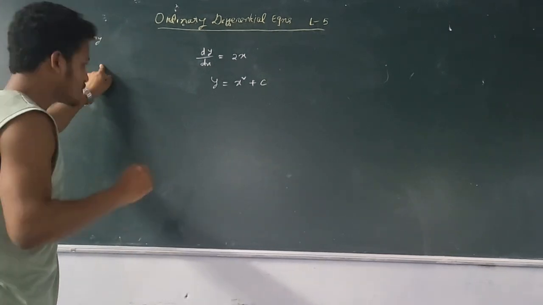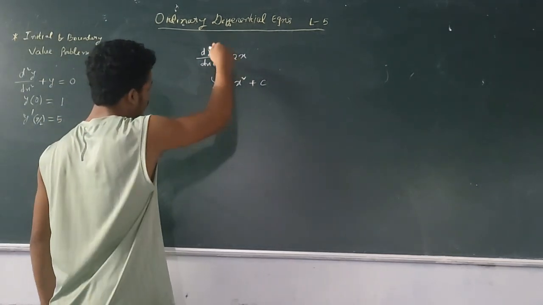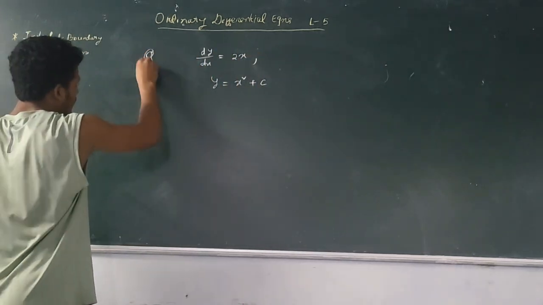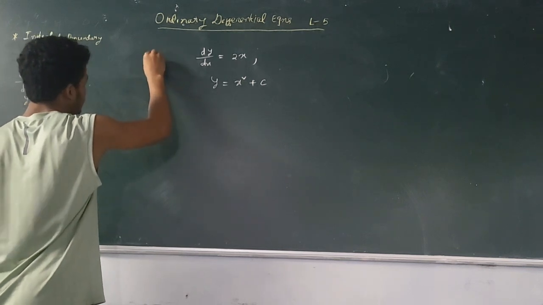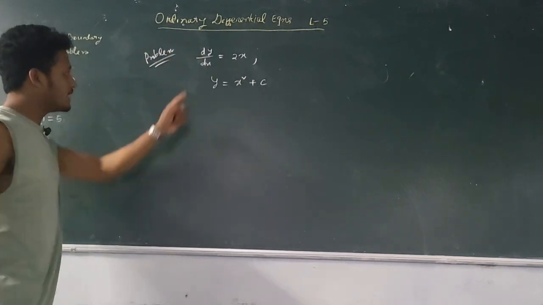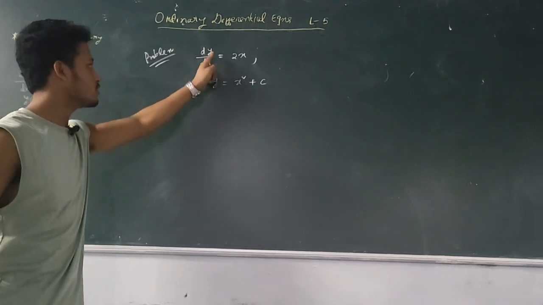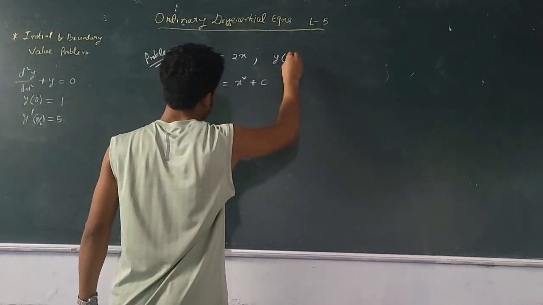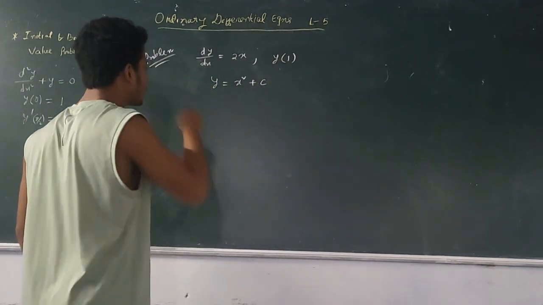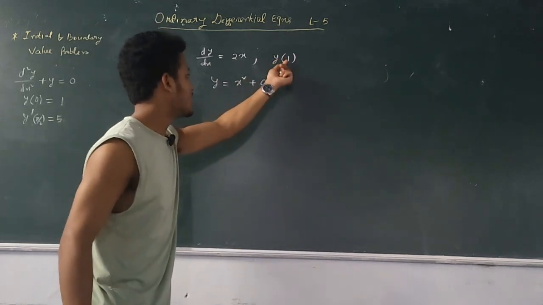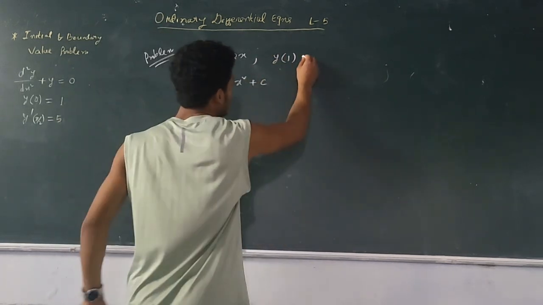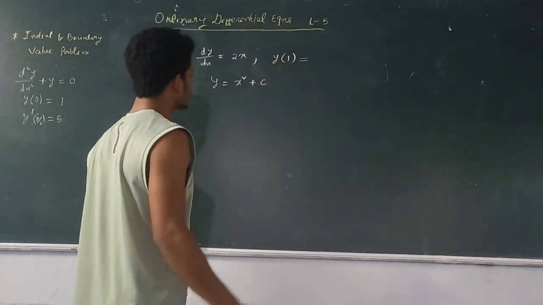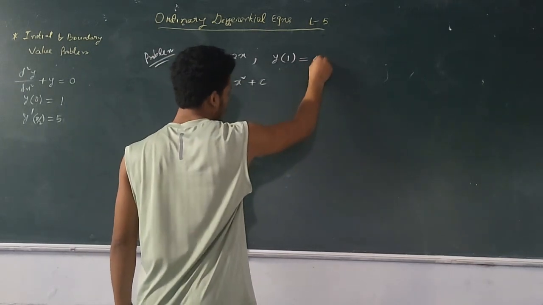Now you are given some condition. In your problem, you are given: find the solution of this differential equation dy by dx equal to twice x such that y of 1, that means at x is equal to 1, the value of y is equal to, let us suppose, 4.